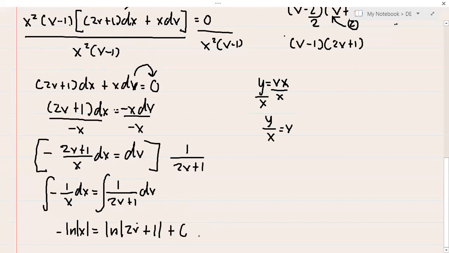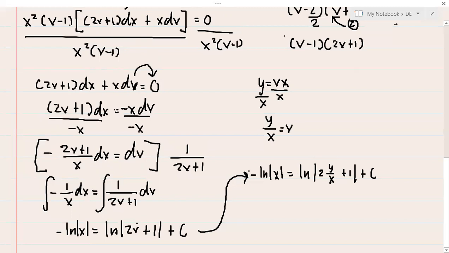Hence, we will have negative ln of x is equal to ln of 2 times y all over x plus 1 plus c. That's it. Now, you can leave this as your final answer if you like to.